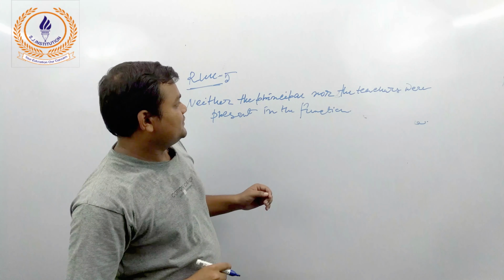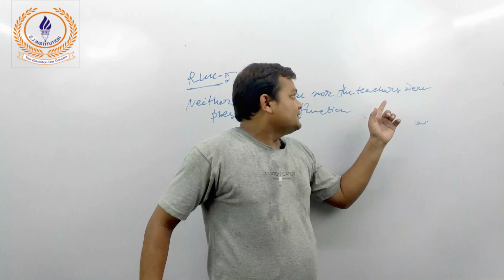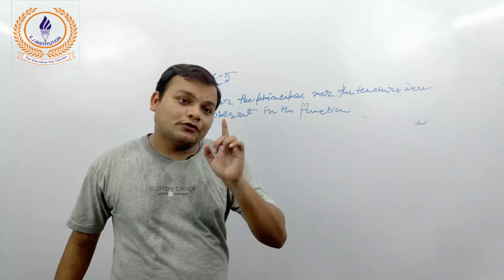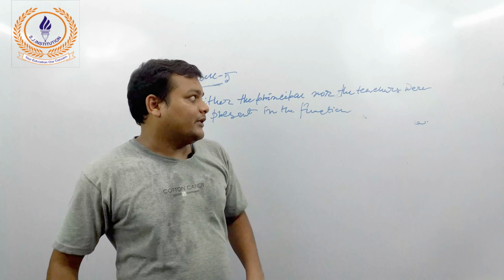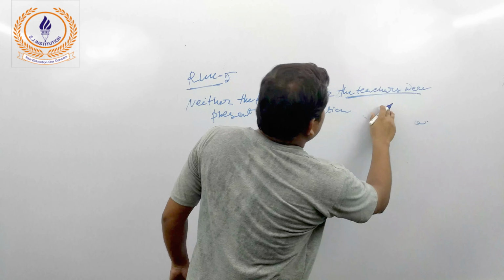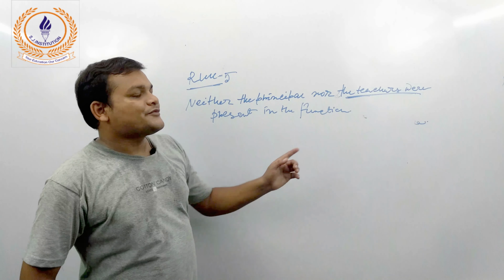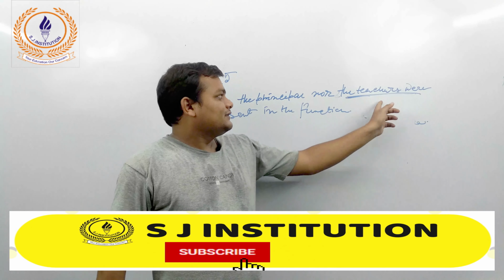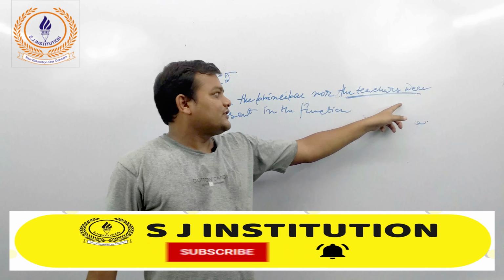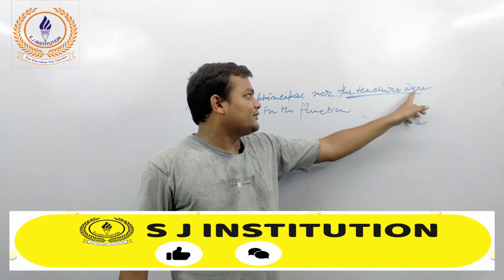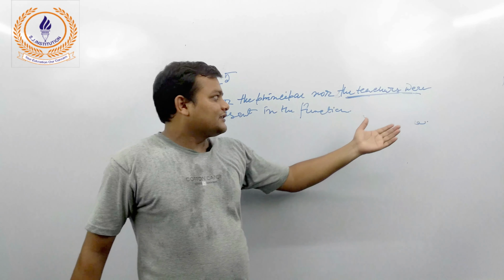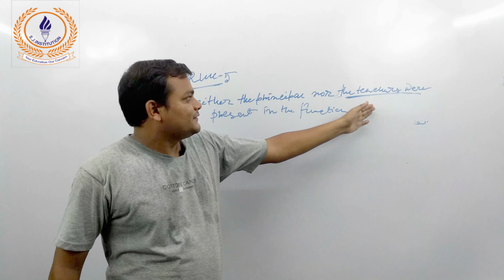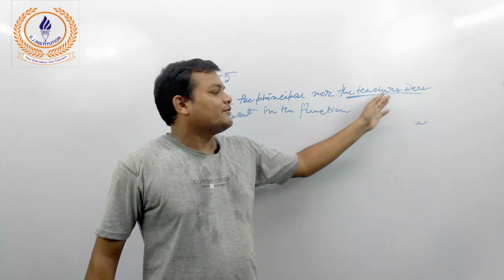What I said? The subject closest to the verb. So, look at it. The subject closest to the verb determines the verb. There is a close relationship between subjects and verb, and the verb is governed by it.